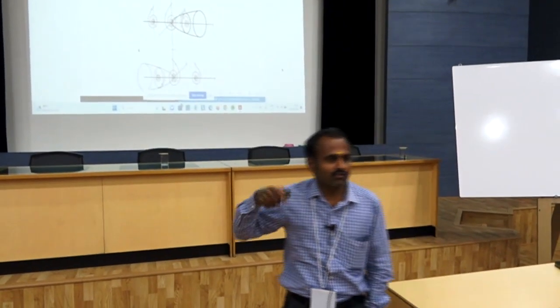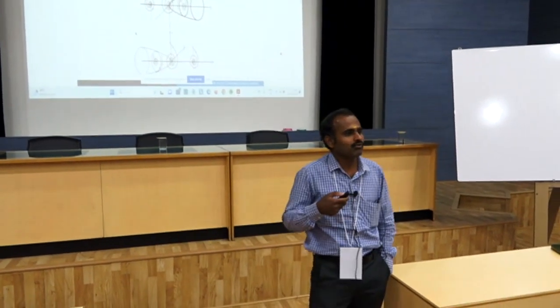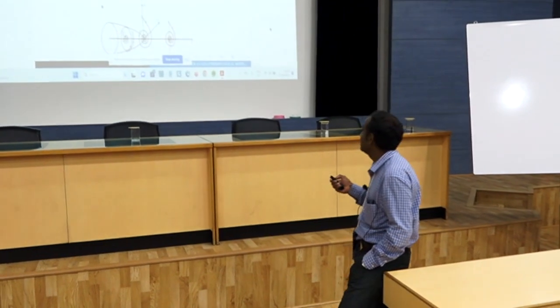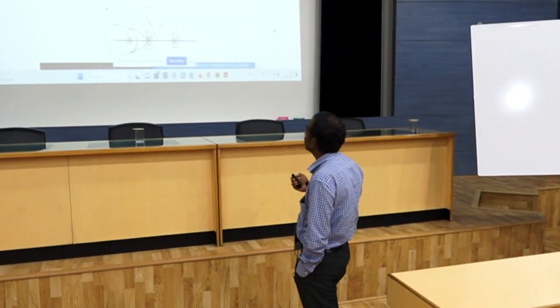There are three possibilities: one is the spiral, another is the limit cycle, and the other is the center. The limit cycle is nothing but a closed isolated trajectory.